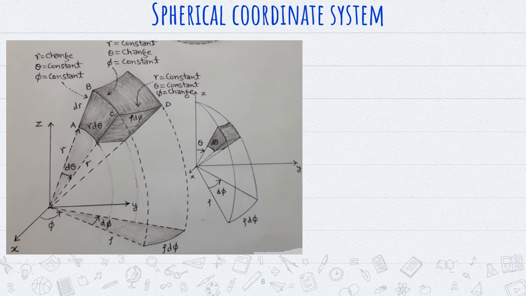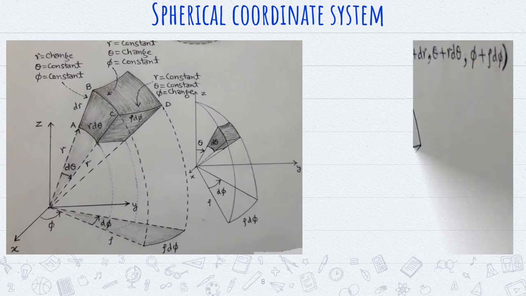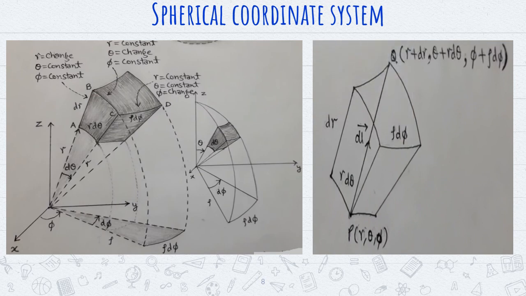We will put together and recollect all three sides. The first side is dr, the second side is r into d theta, and the third side is rho into d phi, which is temporary for now. Next we should discuss the differential elements.